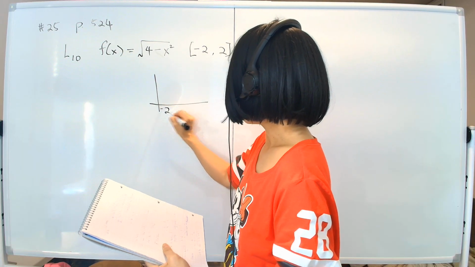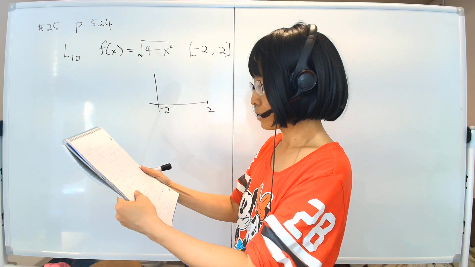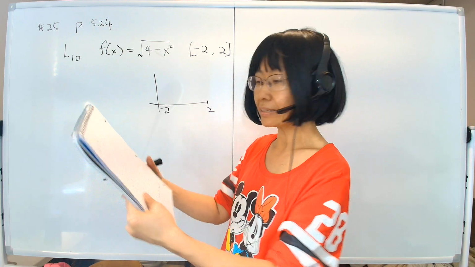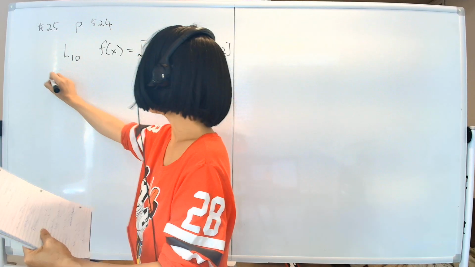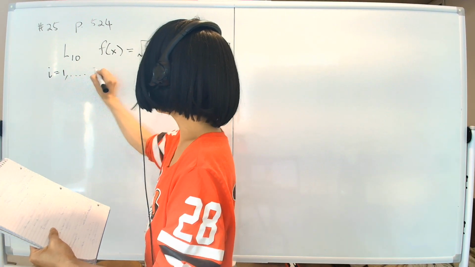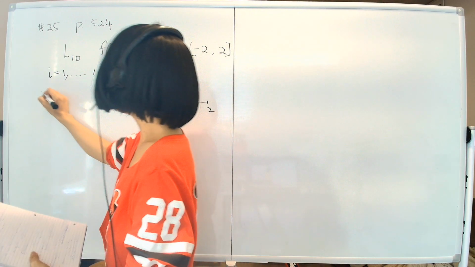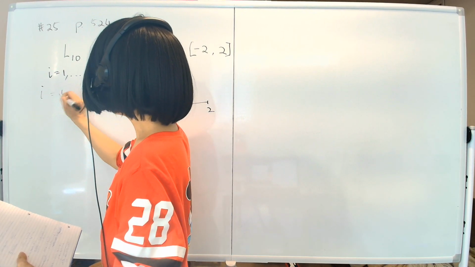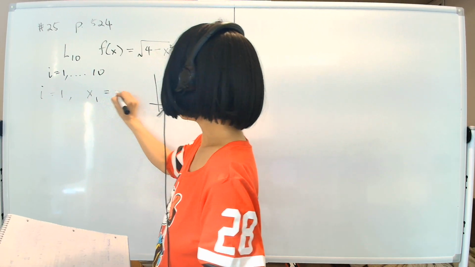The levels start at -2 and eventually end at 2. So then, being that we're calculating the left end point, i goes from 1 to 10, where i equals 1, etc., all the way to 10, such that when i equals 1, then the first one, x1, is equal to -2.